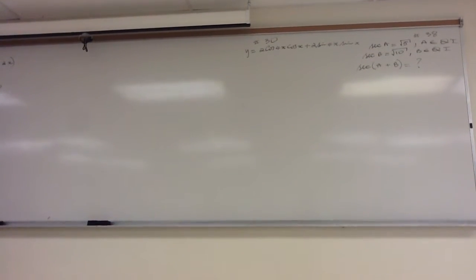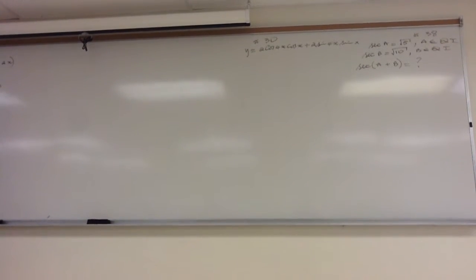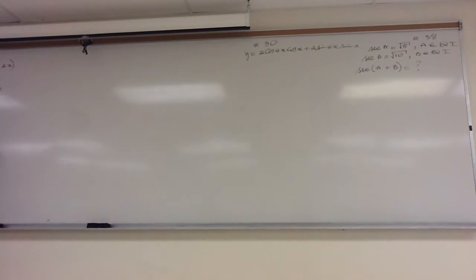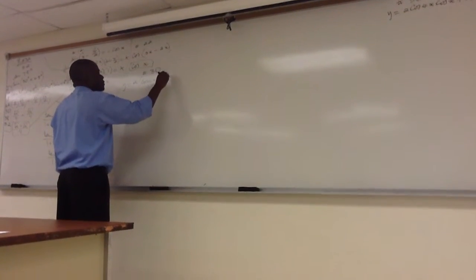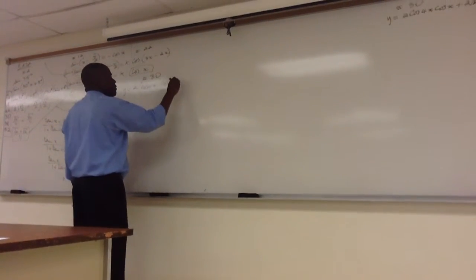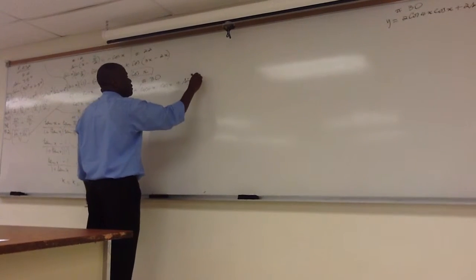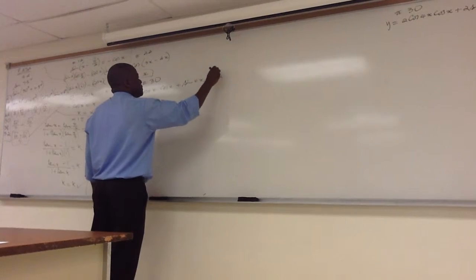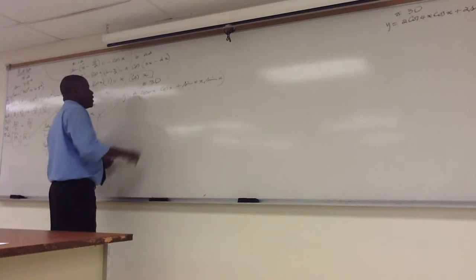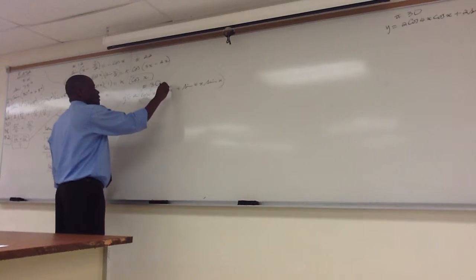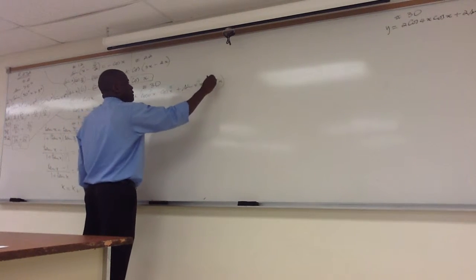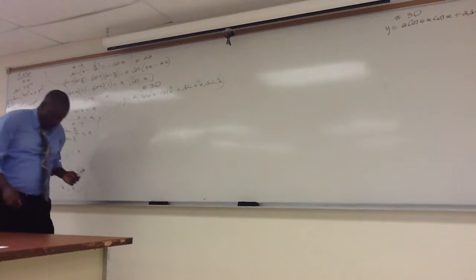So we say y equals 2 times cosine 4x cosine x plus sine 4x and sine x. From there we can observe that this is A, this is B, this is A, and this is B.